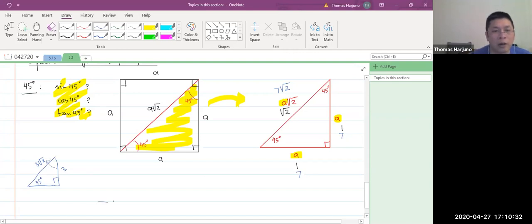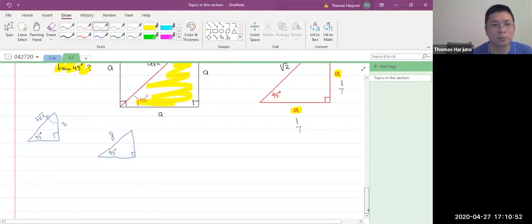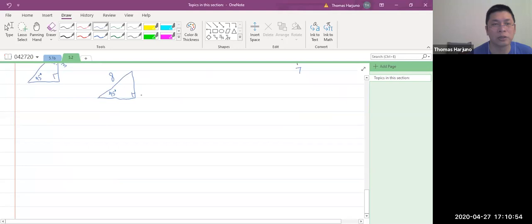On the other hand, if you know the hypotenuse instead, let's say the hypotenuse is 8, don't forget that the context now is a 45, 45, 90 degree triangle, an isosceles right triangle. If the hypotenuse is 8, then to go to the leg, you divide by radical 2.